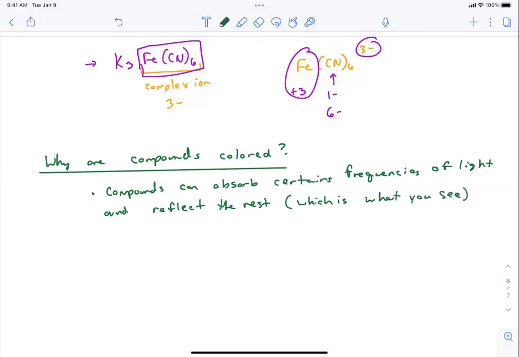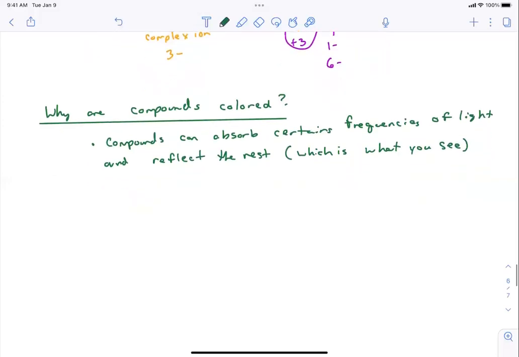So when a transition metal compound looks orange, it's because it's absorbing the opposite color of light. You're not emitting any colors, not giving off colors like the hydrogen emission spectrum where you see those lines. No, you are seeing the light that's passing through that's not being absorbed. So colored compounds don't emit light. It just reflects the light that's not being absorbed.